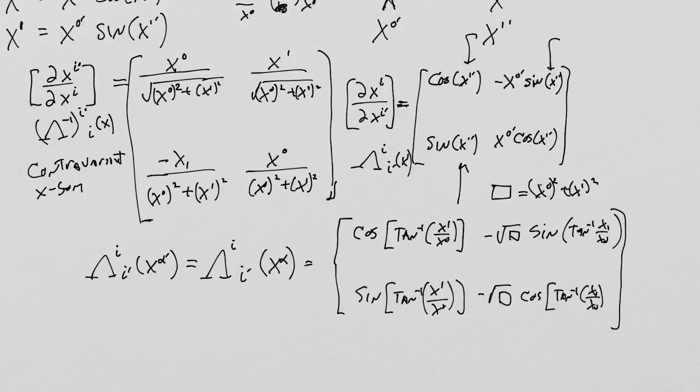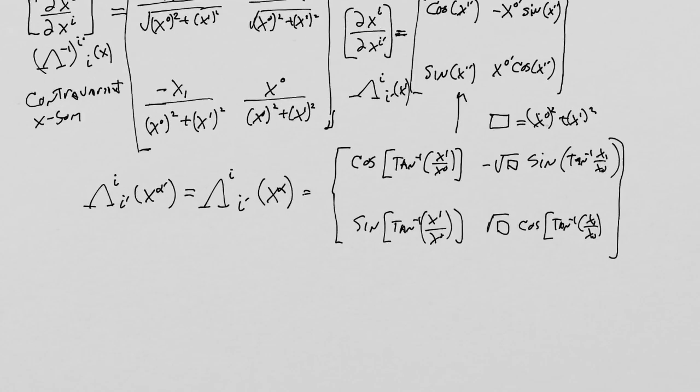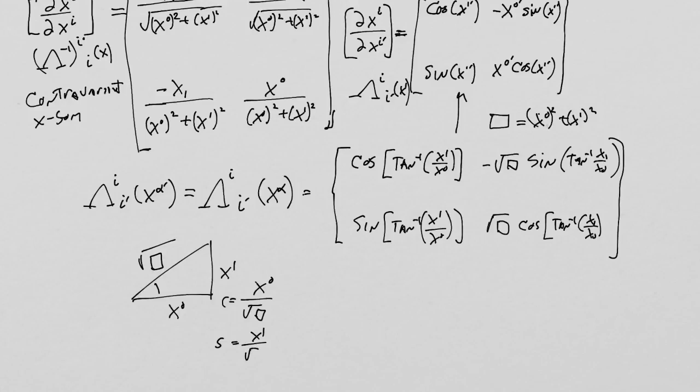I'm going to pause just to double check that. Okay, yeah, there's no negative sign here, right? It's just square root box cosine. But you can work a little trigonometry here, and this can be simplified. If we treat this as, say, x0 and x1, the inverse tangent is this angle, and the cosine of that angle, if that's square root box, is going to be x0 over square root box. The sine of that angle is going to equal x1 over square root box.